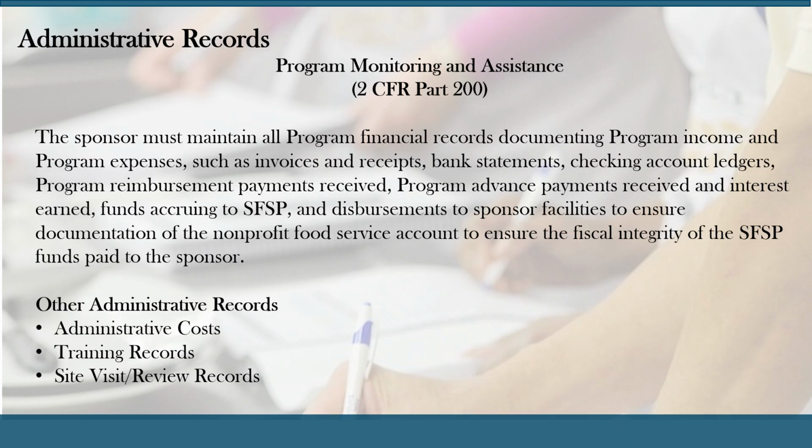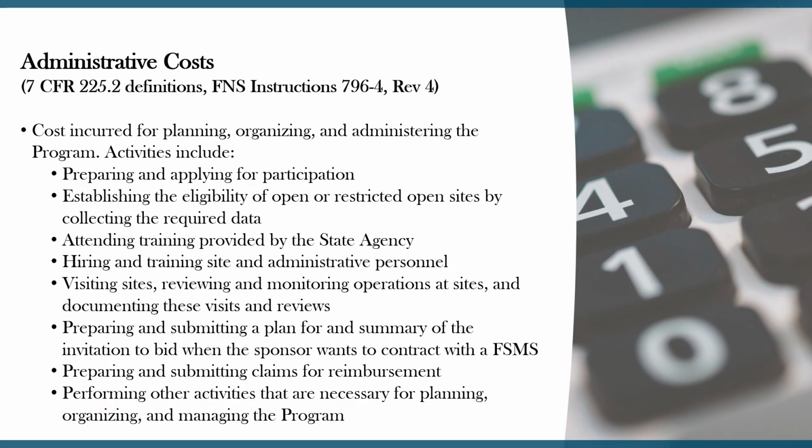Other administrative records include administrative costs, training records, site visits, and review records. Administrative costs include but are not limited to costs incurred for planning, organizing, and administrating the program.